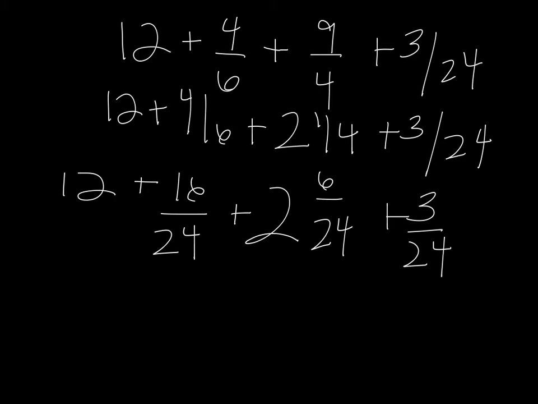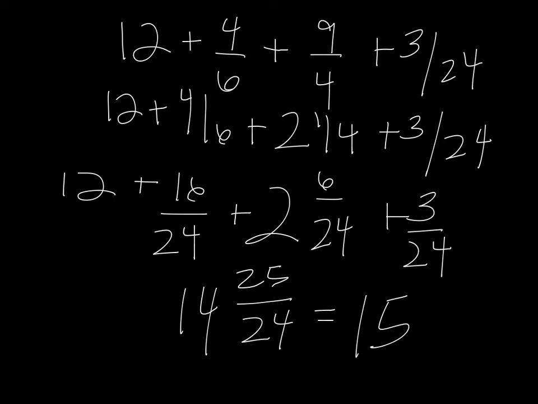Okay, 16/24 plus 6/24 plus 3/24 gives me, let's see, 25/24, and my whole numbers give me 14. However, that's an improper fraction still, so I know that my final answer is going to be 15 1/24.